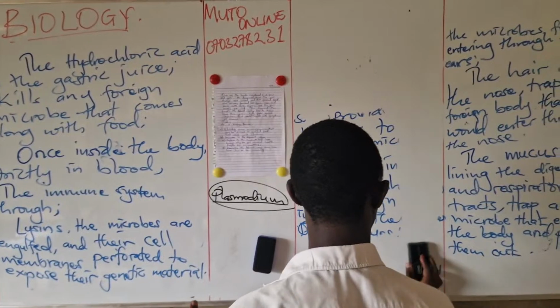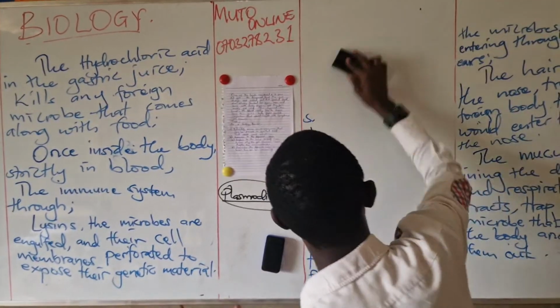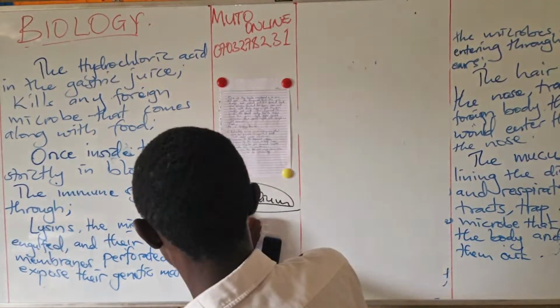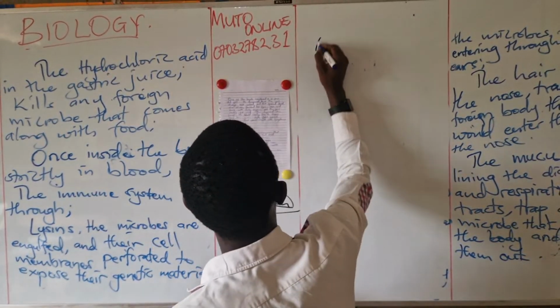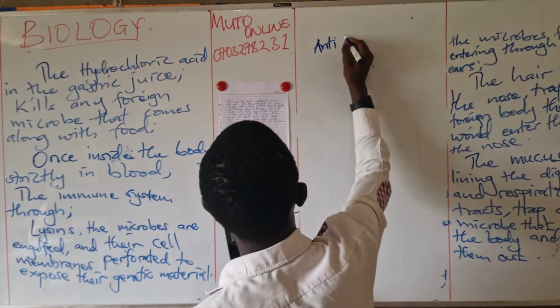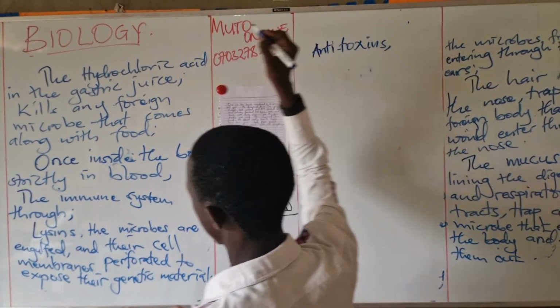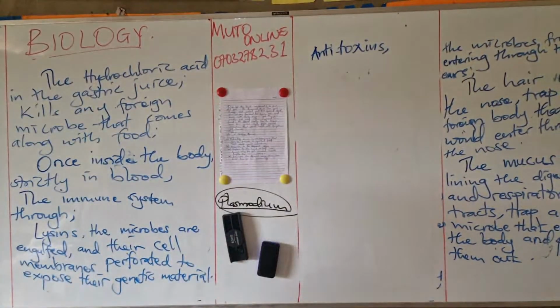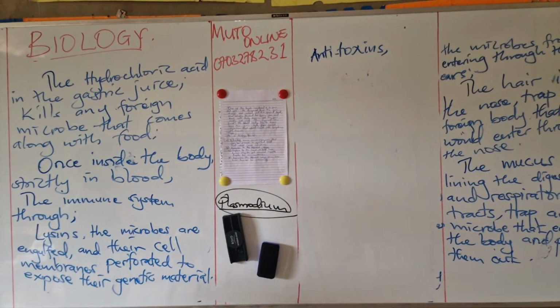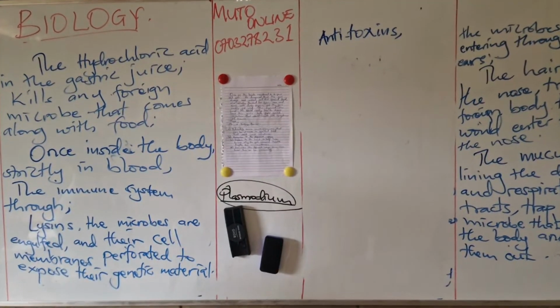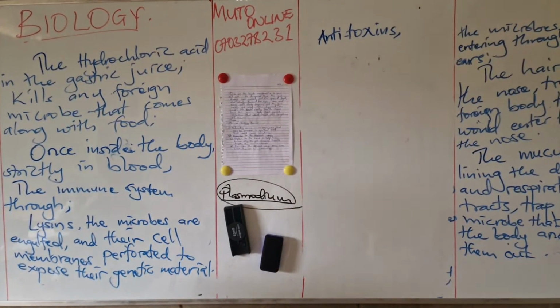We have antitoxins. These antitoxins are white blood cells whose function is to neutralize the chemicals excreted by these microorganisms.